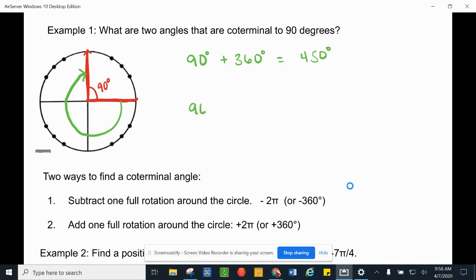We say, okay, what's 90 degrees minus 360? And we get negative 270 degrees. So what are two angles that are coterminal? 450 and negative 270. They both start and end at the same spot as 90 degrees.